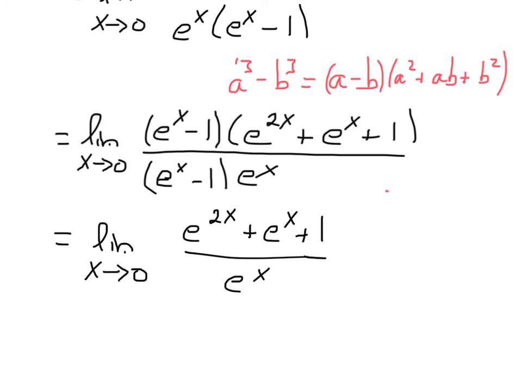Now, looking at this one, you note that the denominator at x equal to 0 is no longer 0. E to the 0 is 1. So 0 is actually in the domain of this new function, whose limit at 0 is the same as the limit of our original function. And so we can just evaluate this at 0 to finish.